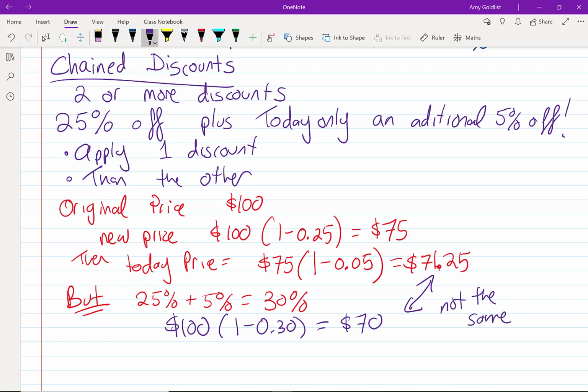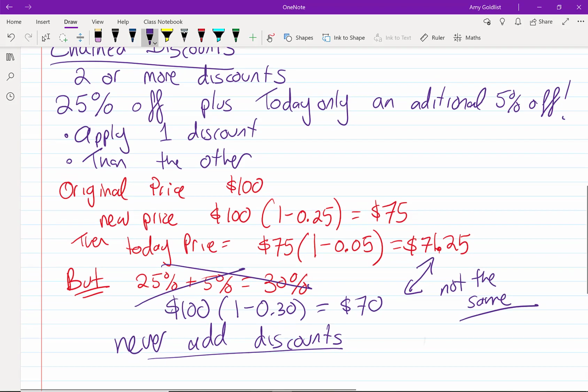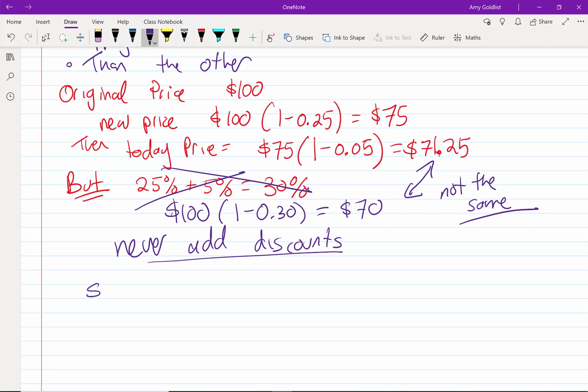And we've seen this before. The moral of the story is never add. Because we are really using proportions with different bases, this doesn't make sense. What we're really going to end up doing is multiplying them together. We could do this all in one stage.